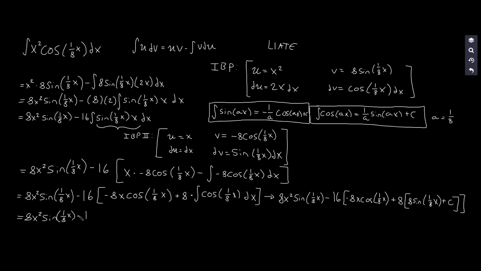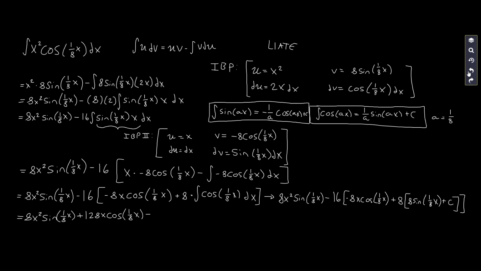Oh yeah, positive 128 times x times cosine of 1 over 8 times x plus 16 plus negative 16 times 8.